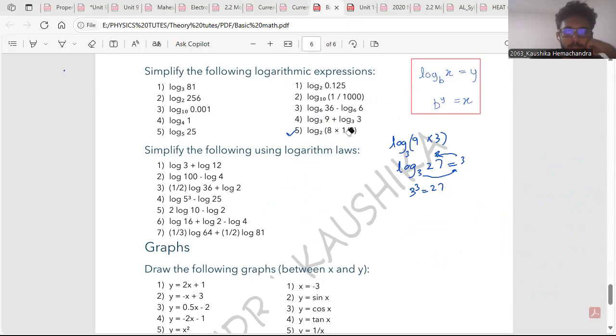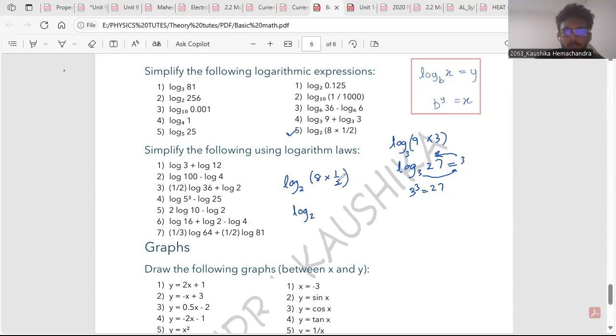This is half, 8 into half. Yeah, so it's log 2, 8 into half.